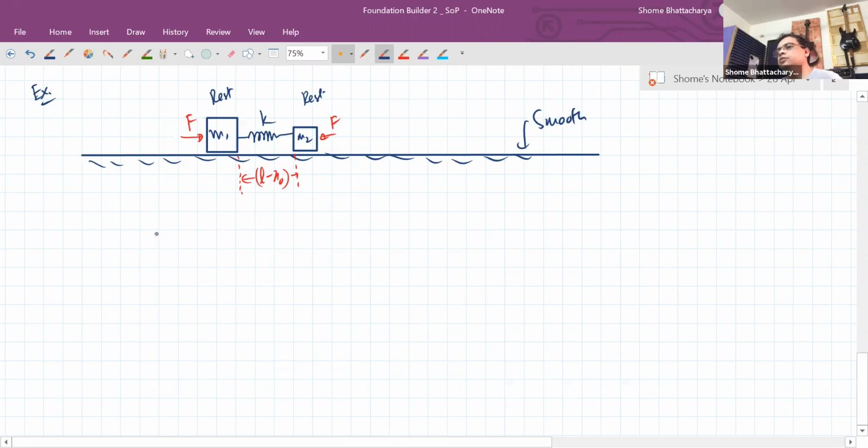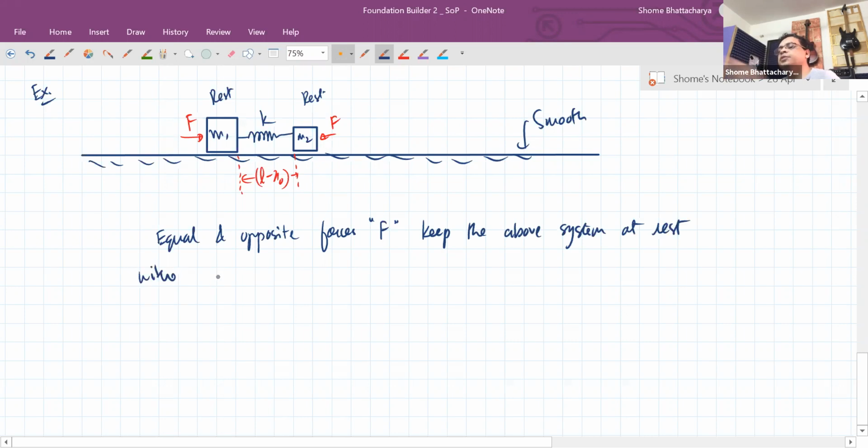Equal and opposite forces keep the above system at rest with the spring compressed by x naught equal to, let us say, 2 centimeters.